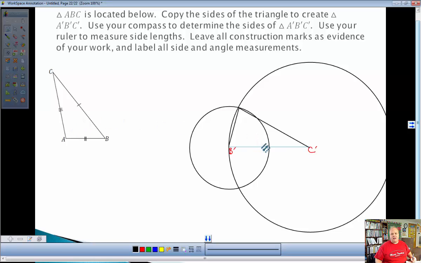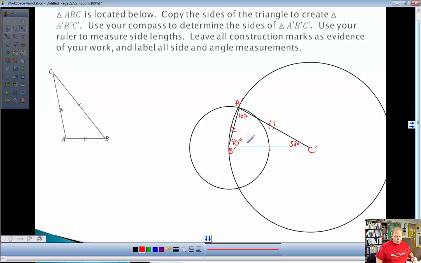Let me get my lines back out. This would be congruent, this would be congruent, and this would be congruent, and this is A prime. Now if I were to measure these, the angles are 40 degrees, this one's 40 degrees, this one's 33, and that would leave this angle here at 107.